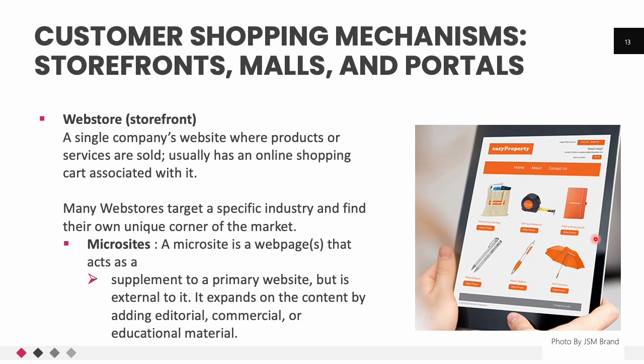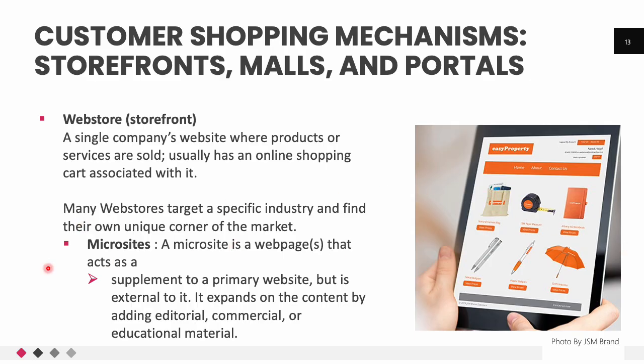So this is called a targeted niche, and this is how they do the engaging with the customer. All right. So many web stores target a specific industry and find their own unique corner of the market.